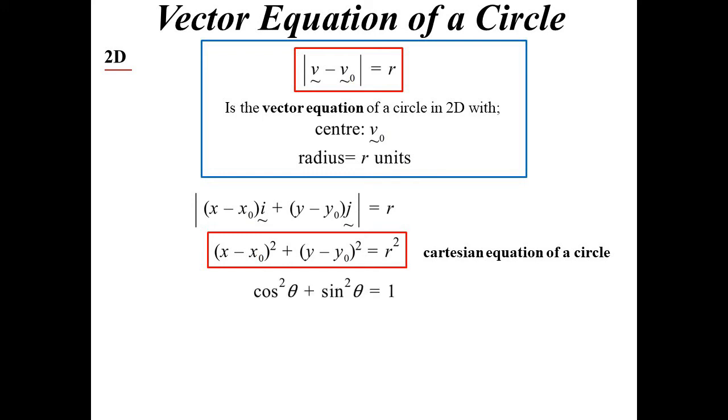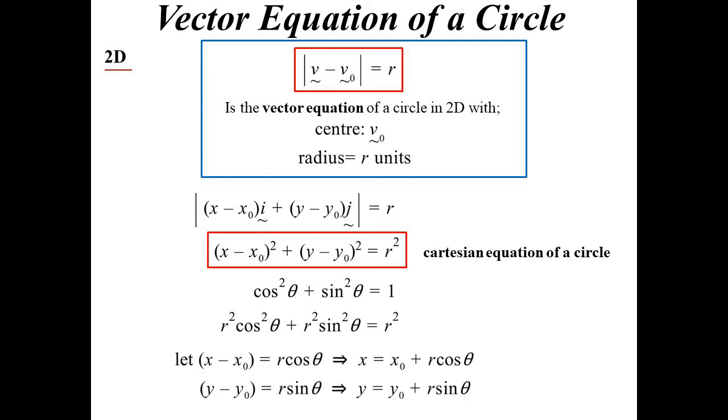Now I'm going to create the parametric equations. Starts from cos squared plus sine squared equals 1. We know that, of course. So I could say r squared cos squared plus r squared sine squared is r squared, just multiplying by r squared. Well, if I let x minus x naught be r cos theta and y minus y naught be r sine theta, rearrange that and we come up with the parametric form.